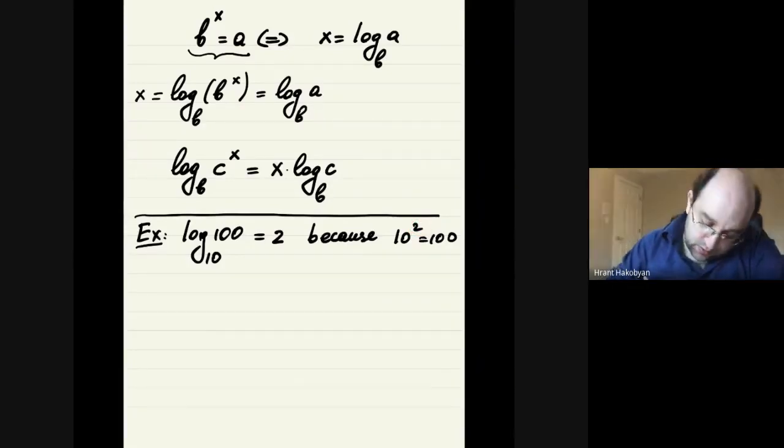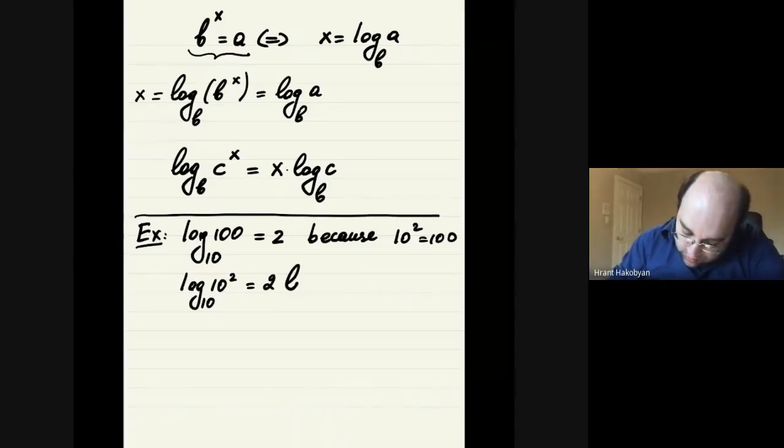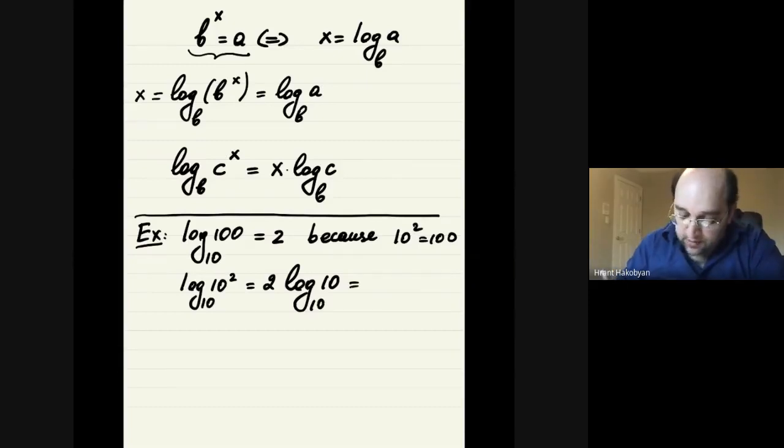Here is a trick you can remember. The trick is to write that log base 10 of 100 is the same as log base 10 of, and then inside, instead of 100, I'm going to write 10 squared. So I'm going to put this power in front. That's going to be 2 times log base 10 of 10.